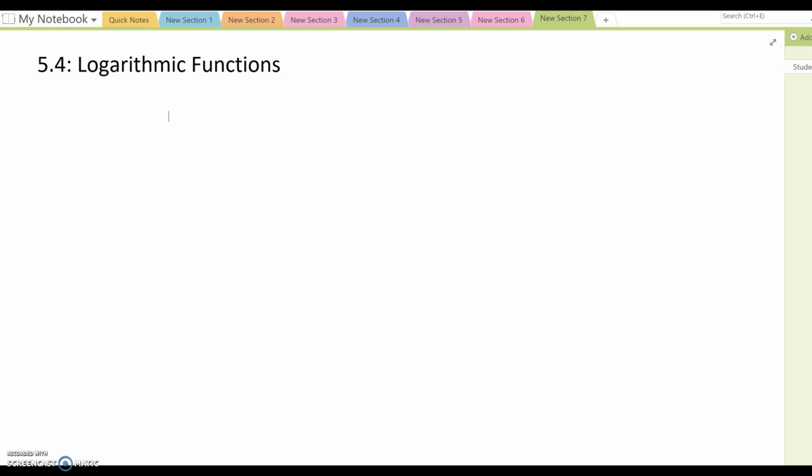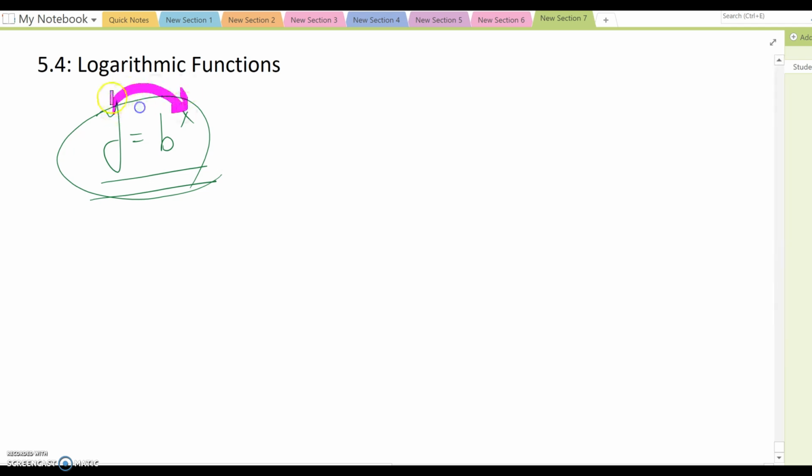Okay, so y equals b to the x is the general form of the exponential function. Now let's find the inverse function of this function. Step 1 is you switch the x and y positions, then this is going to be x equals b to the y.